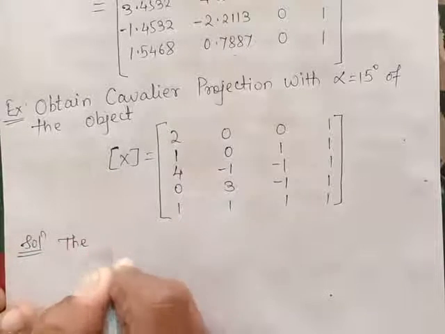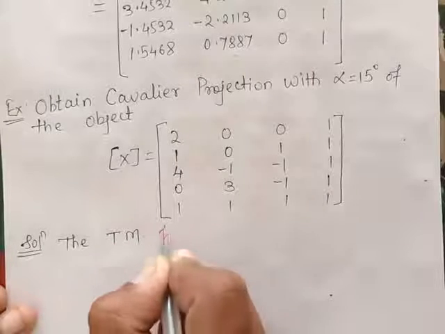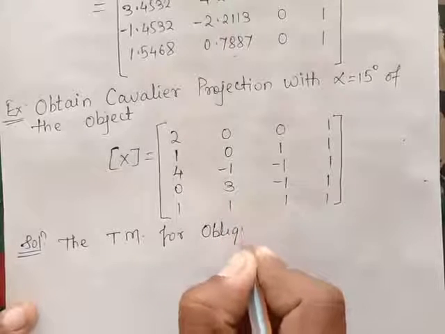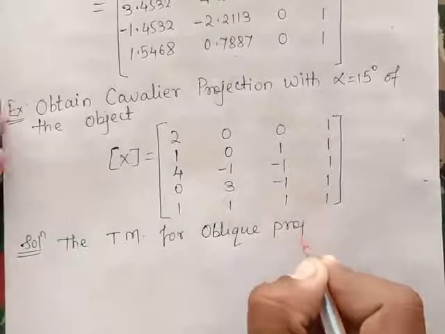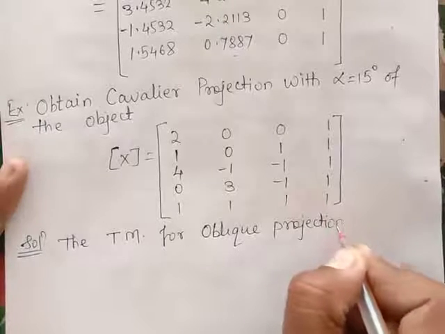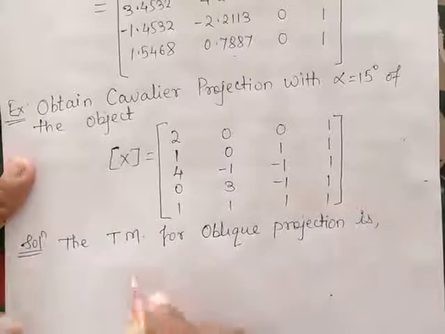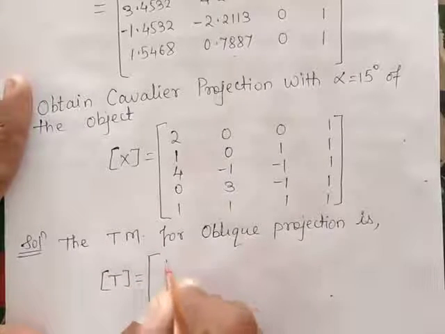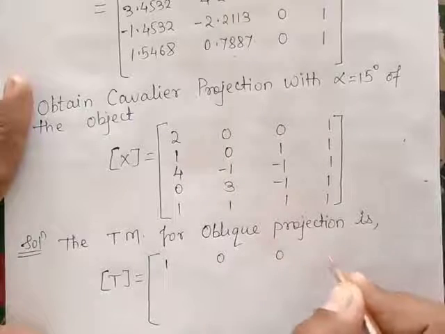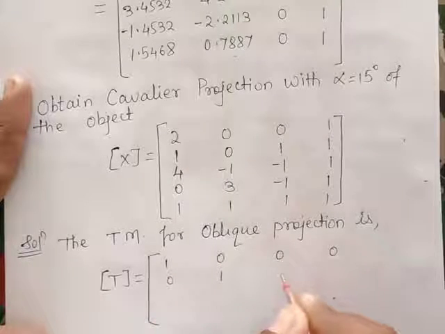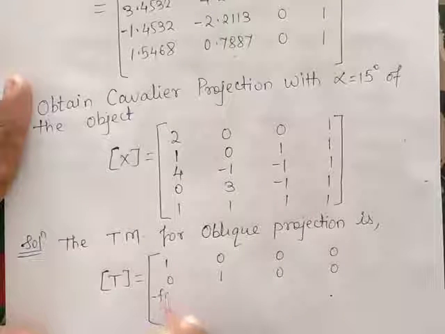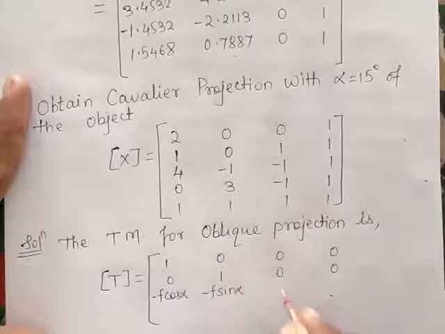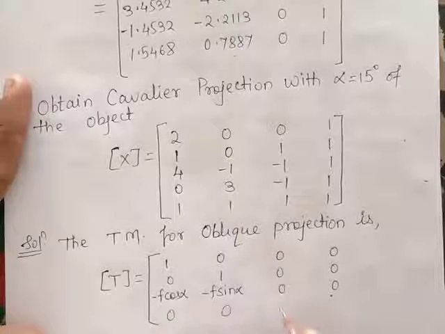The transformation matrix for oblique projection is T equal to 1, 0, 0, 0; 0, 1, 0, 0; minus f cos alpha, minus f sin alpha, 0, 0; 0, 0, 0, 1.